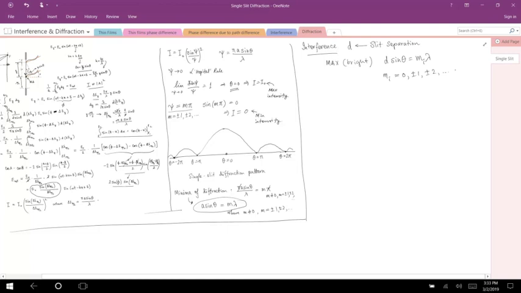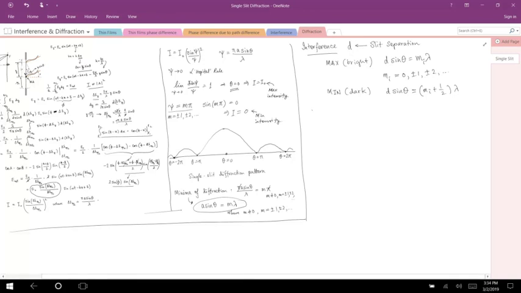The other condition is minimas, or dark spots, where d sine theta has to be a half integer. A way of writing that is mI plus a half, lambda, so that mI is still an integer and mI plus half is a half integer. So these are the two conditions for interference. Interference happens due to rays of light interfering from two different slits, and it can happen for multiple slits as well, not just two.